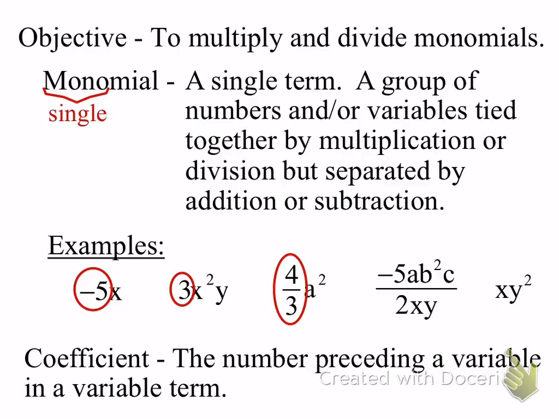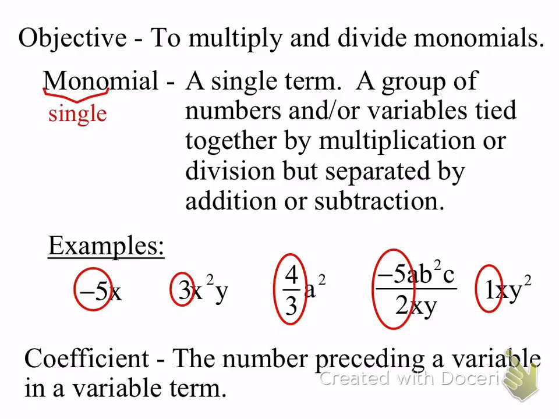And the next term, Jack? Negative 5 over 2. And then the last one, Moreno: 1. That invisible 1 is our coefficient. So new words: monomial and coefficient. Questions?